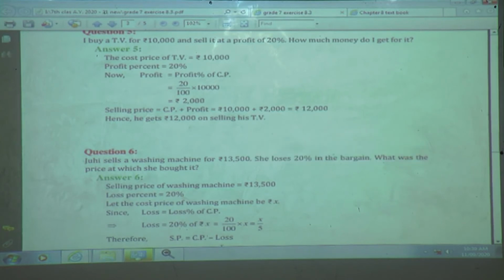So he has sold the television at 12,000 rupees. In this way we can find out the money we get after calculating a profit when the profit is given in percentage form and the CP is given as 10,000.